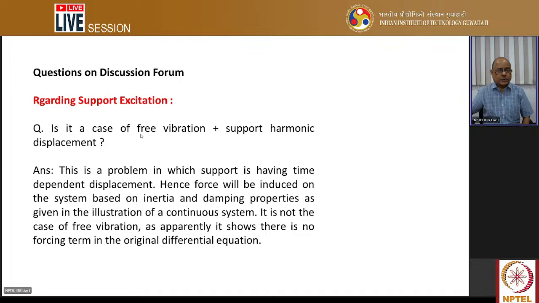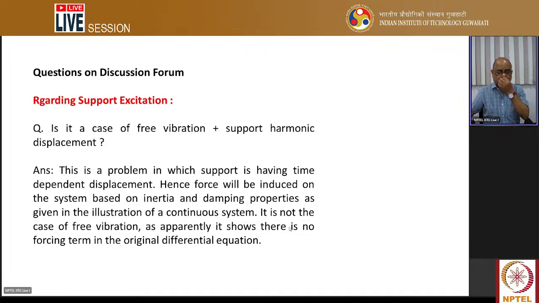One question was about the support excitation: it is confusing whether there is any force or not. The support has displacement, but how does the forced vibration part come? I have discussed that the relative motion between the support and the structure induces force on the system because of damping and inertia properties. In a single degree of freedom system, you have seen that stiffness also comes into the picture.